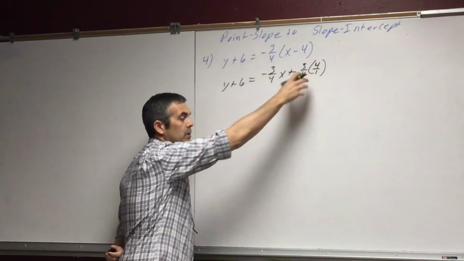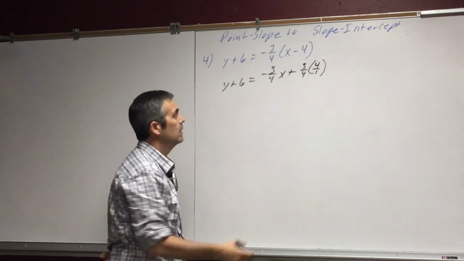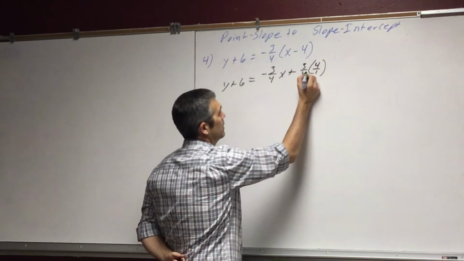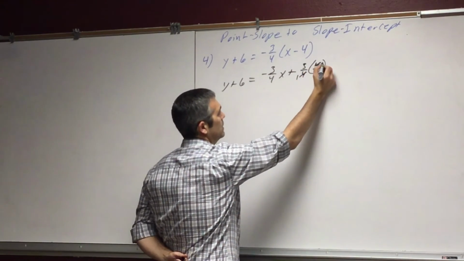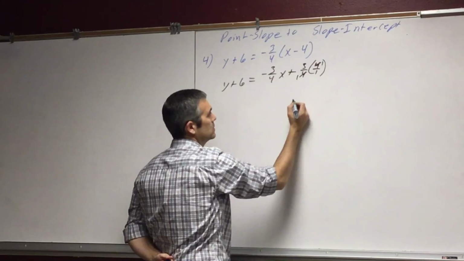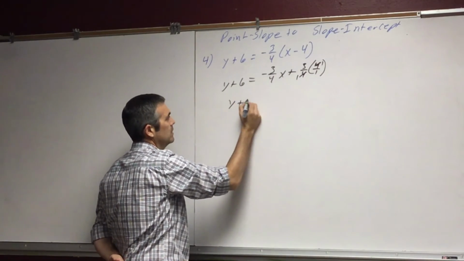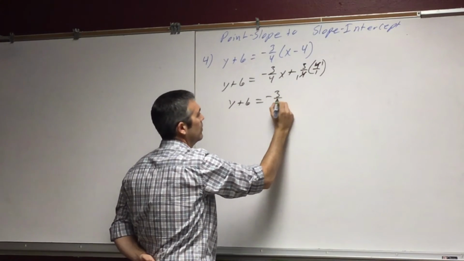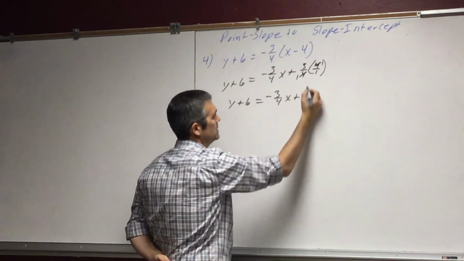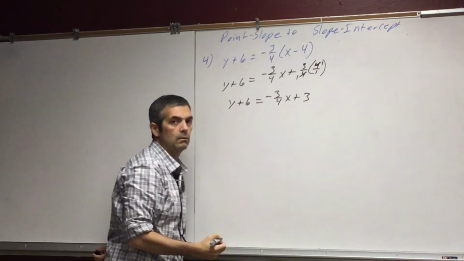And again, I know you got a calculator, that's going to help you, but I want to show it. We're going to cross cancel here, becomes 1, 3 times 1 is 3, 1 times 1 is 1, so I'm going to rewrite this, y plus 6 equals negative 3/4 x plus 3.